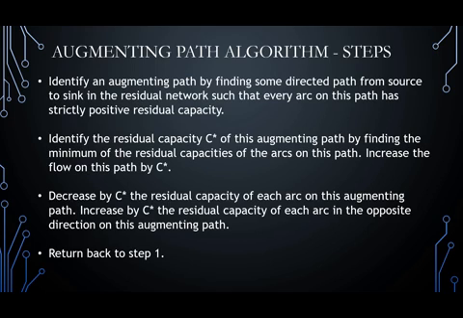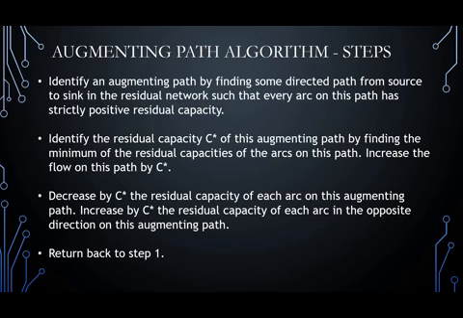See, if the capacity of the pipe is 5 liters and you allow 6 liters in it, is it possible? No. What happens to the residue then? 5 minus 6 will be minus 1, which is not possible. That is not allowed.